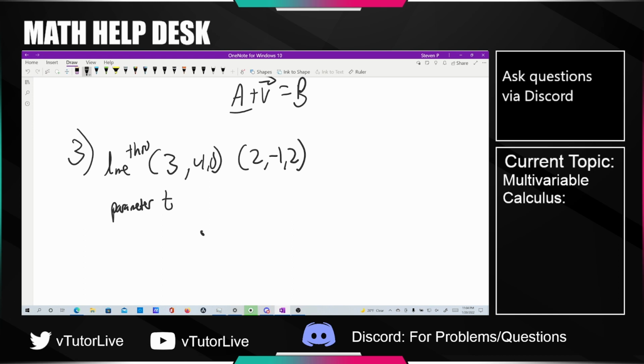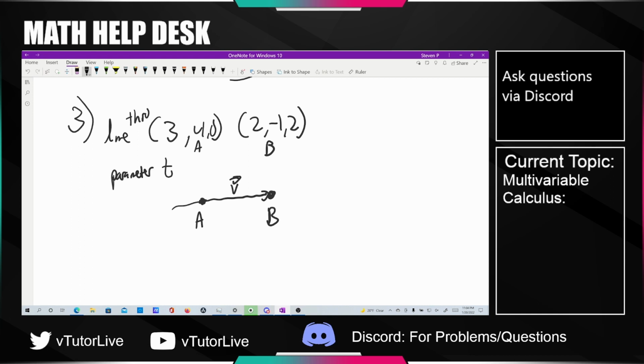And the idea is, if you just draw this out, let's call this one A and this one B. And there's some vector, let's call it V, right? You could probably just describe this line as A plus V t. Sorry, what do you have to set this equal to?